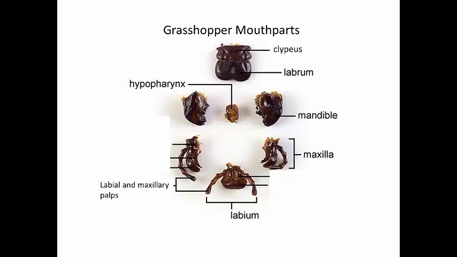The third component is lateral to that hypopharynx, right underneath the labrum. We've got the mandibles. So the mandibles are also known as the jaws, and they will be used to cut and to crush food or to bite in defense.